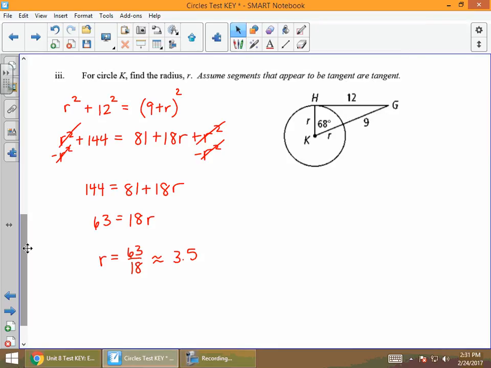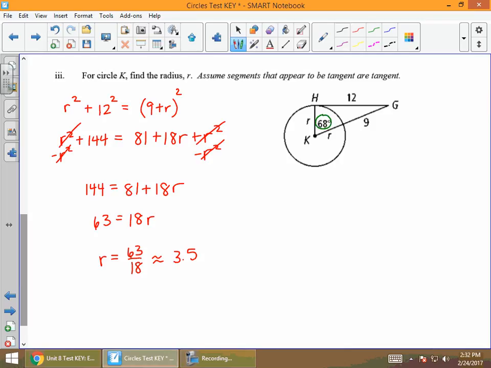The other way that I saw some people do it, and mathematically it's not wrong, however, the problem is not that I have a question wrong, it's just that there's a part of this that says 68 degrees here, and that can't be right.